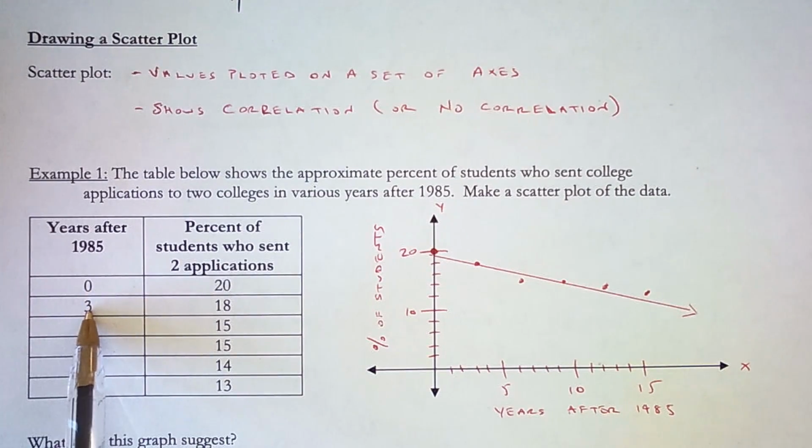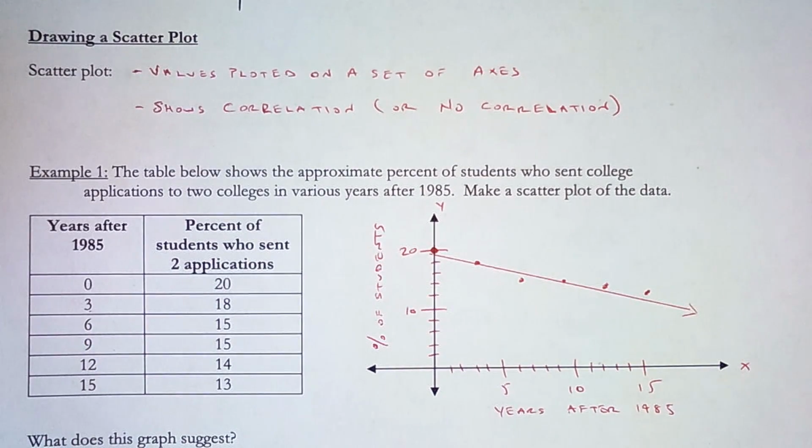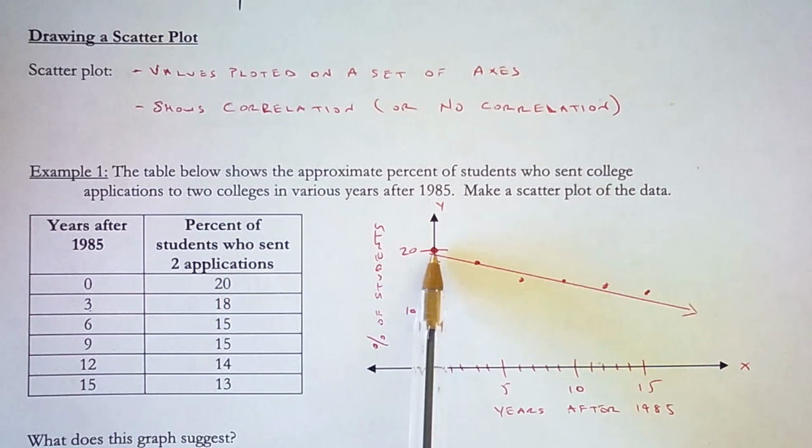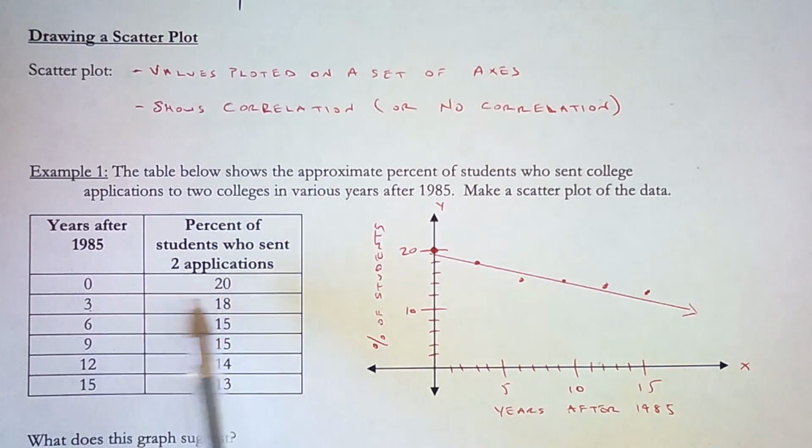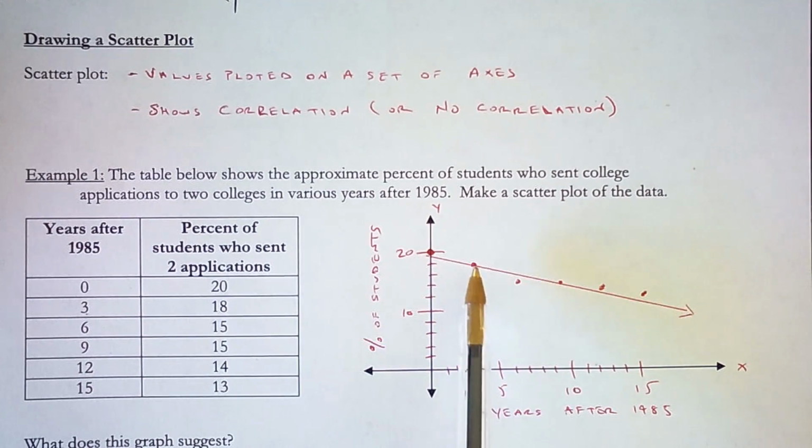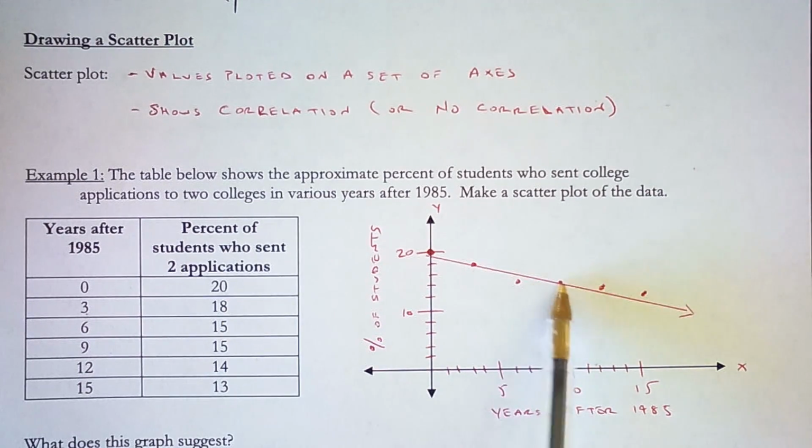Then 3 years later is 1988, then 1992, and so on. And here's the approximate percentage of students who sent college applications to 2 colleges. So I've plotted each point: 0 years after 1985, about 20%, 3 years after 1985, about 18%, and so on.